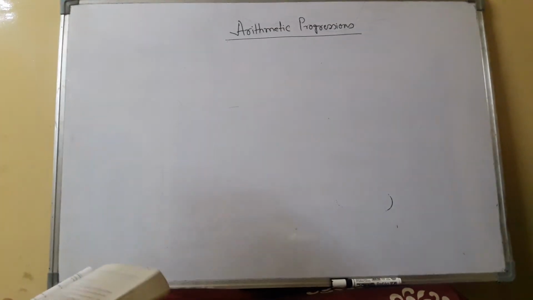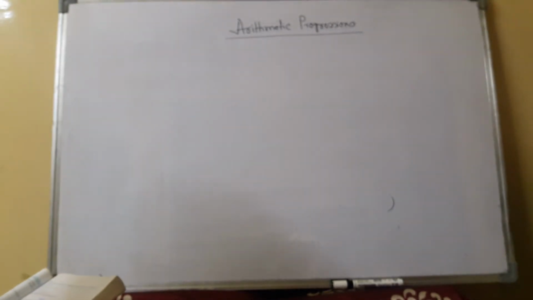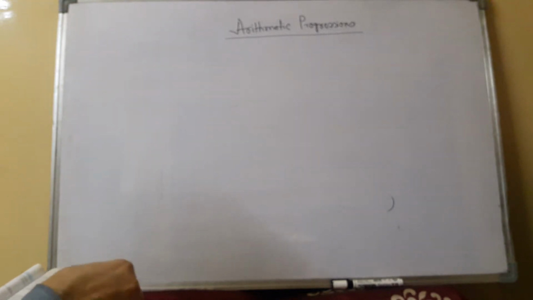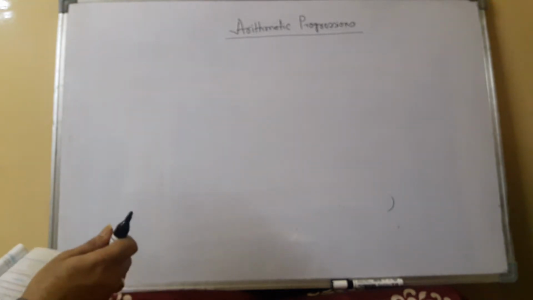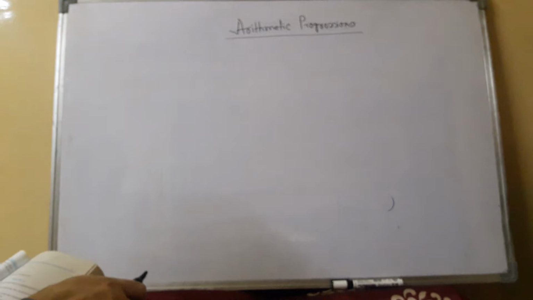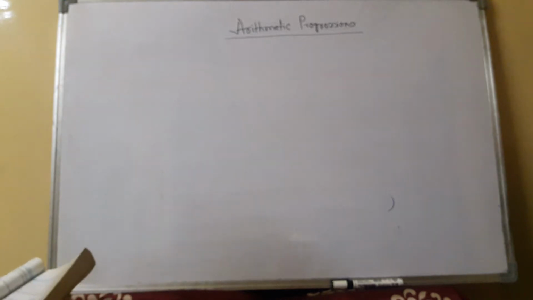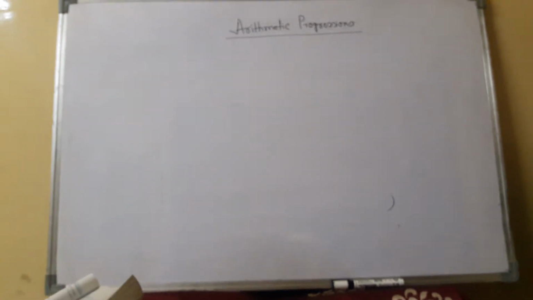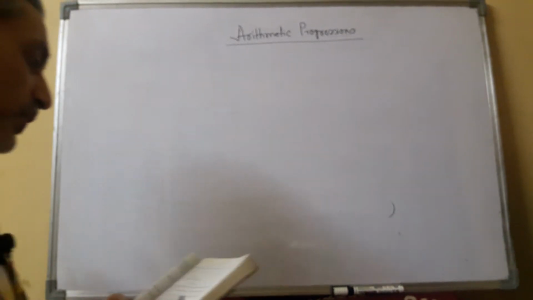Now look, exercise 5.1, question number 1. It says, go through the question. The taxi fare after each kilometer, when the fare is rupees 15 for the first kilometer and rupees 8 for each additional kilometer, is it an AP?